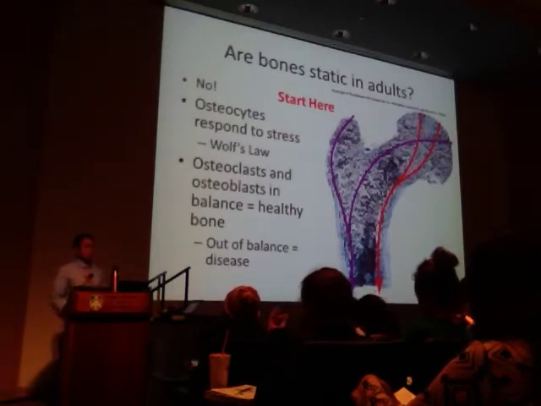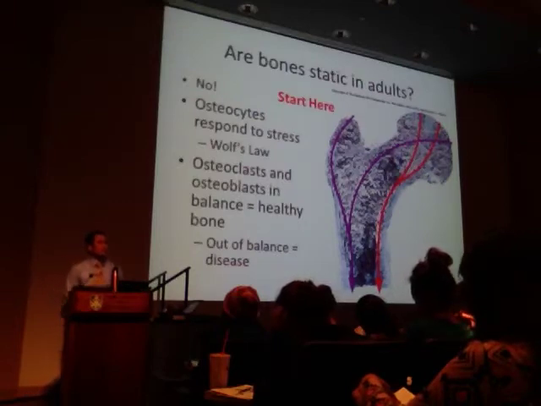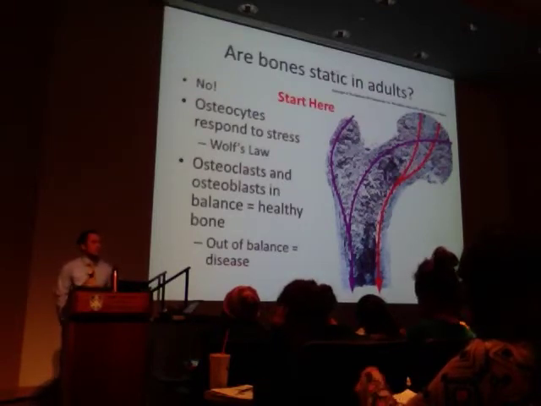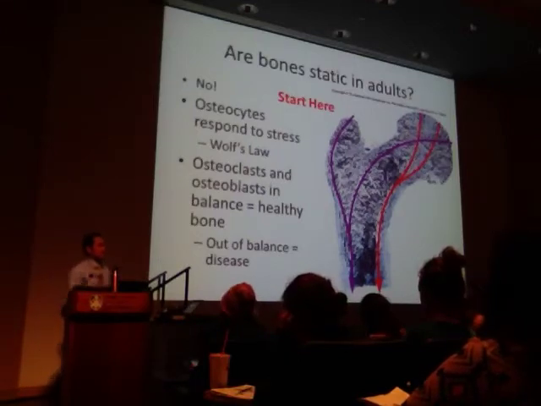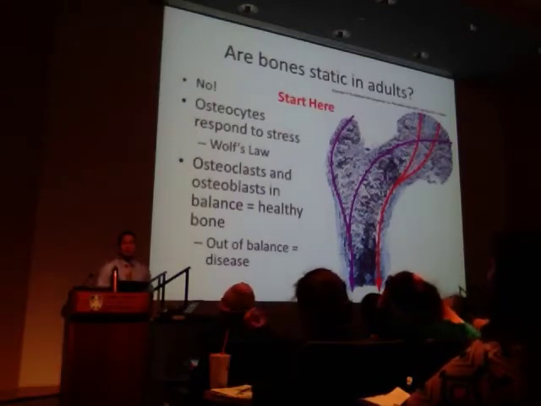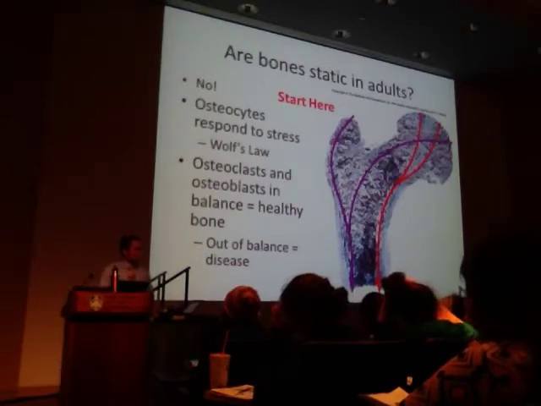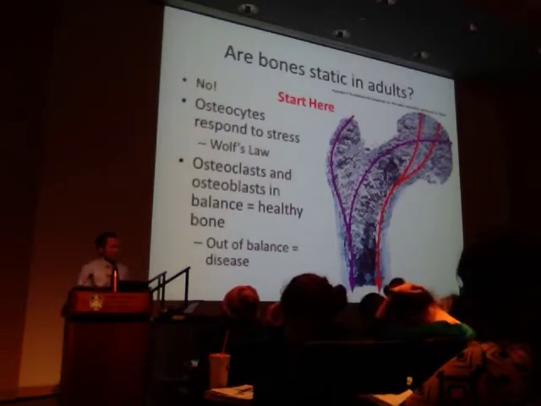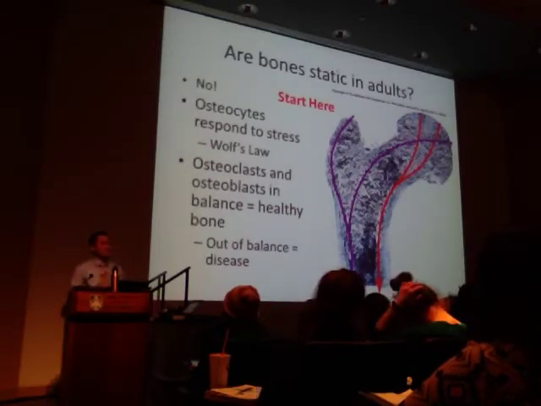Then after you're born, everything changes. You're on your own, you have to breathe, okay? You have to process your own waste products. And now your bone develops under different methods. And what did we call those? The interstitial growth was what? Yes, you're on the right track.